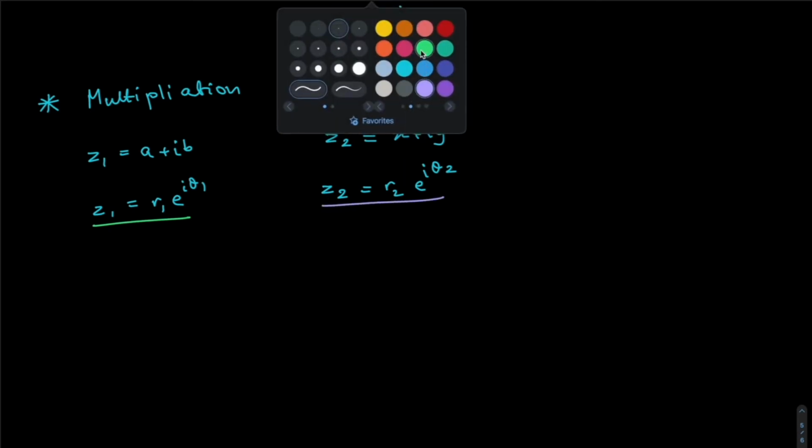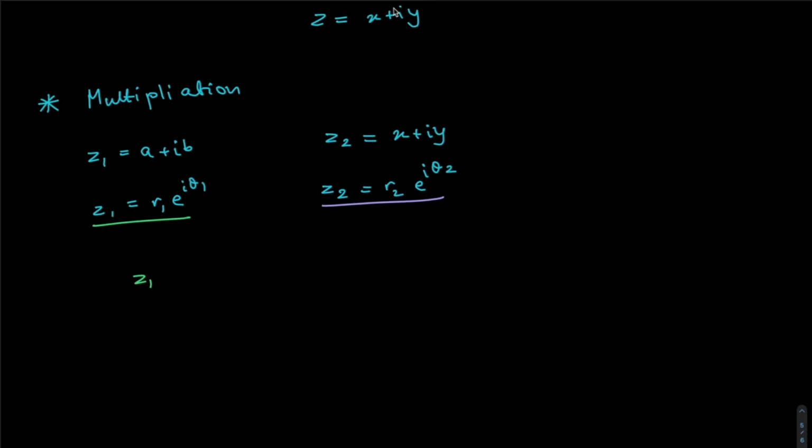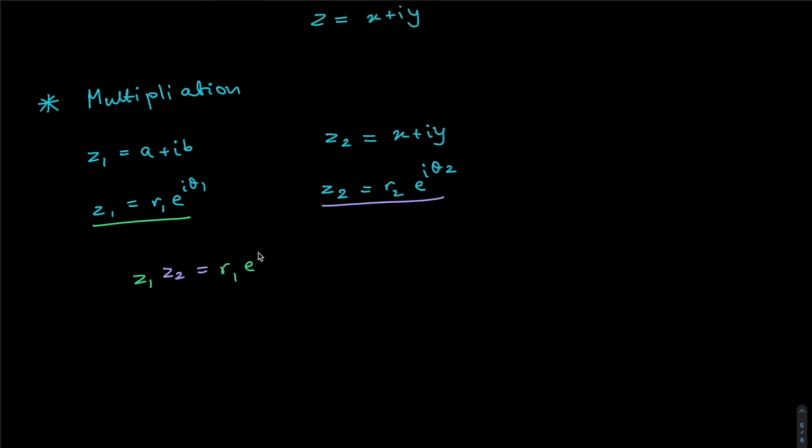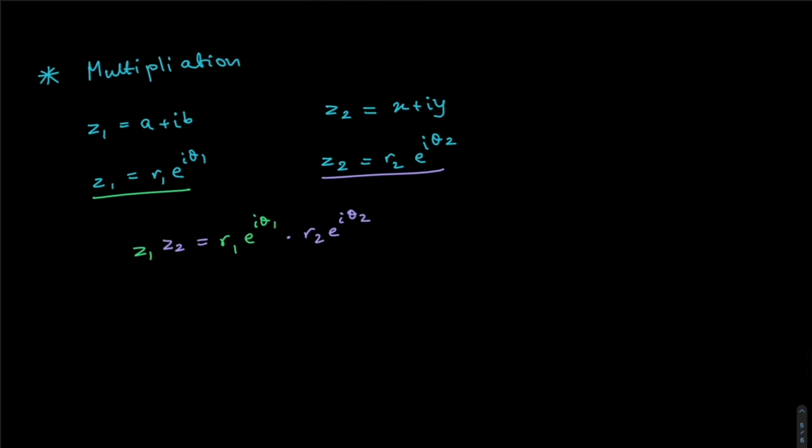So now what we have is Z1 times Z2, which essentially gives us r1 e raised to the power i theta 1 times r2 e raised to the power i theta 2, right?